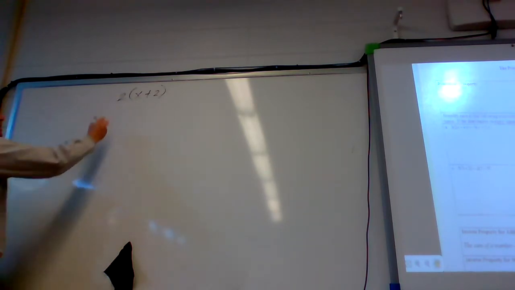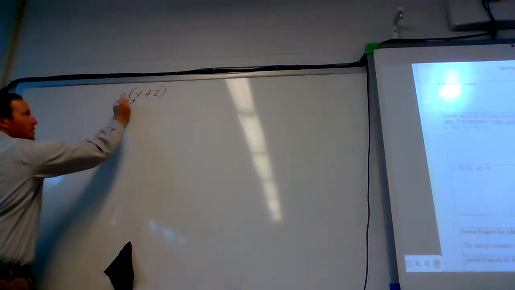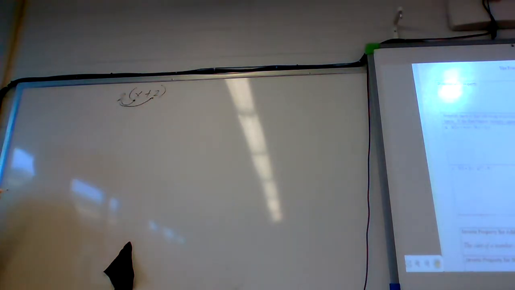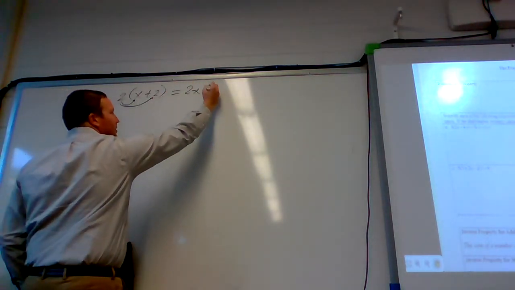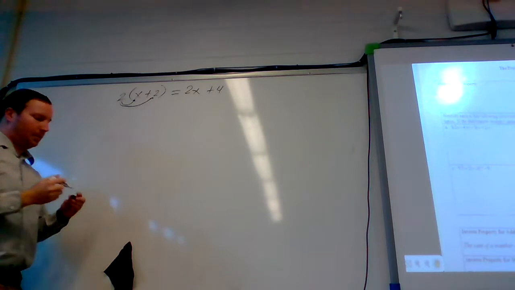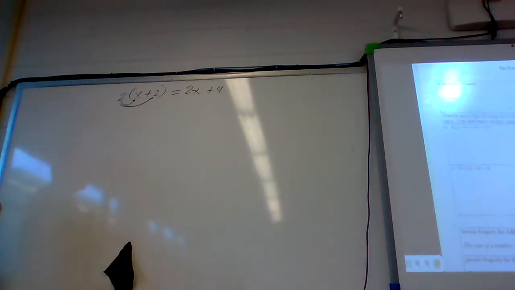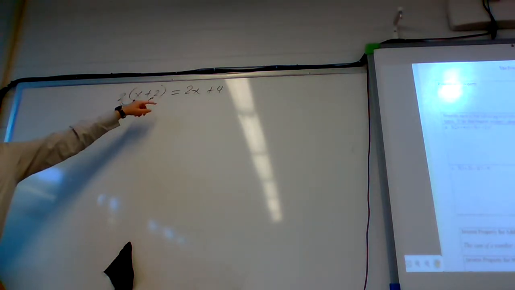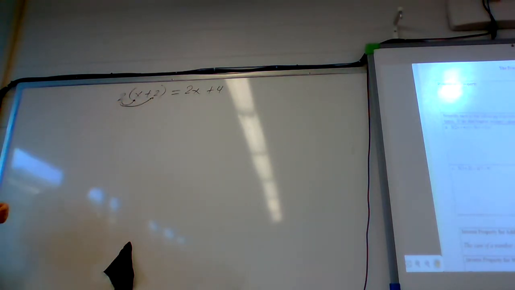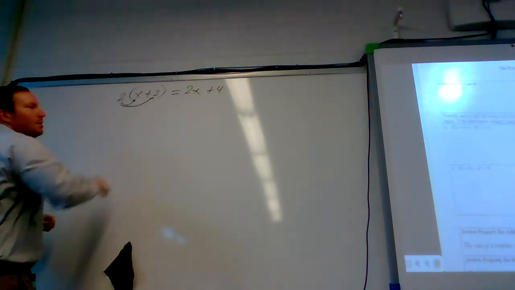We're going to take this value and distribute it to both, so we multiply into the parentheses. That is going to get us 2x plus 4. So we distribute across or into the parentheses. That's essentially what we're doing.